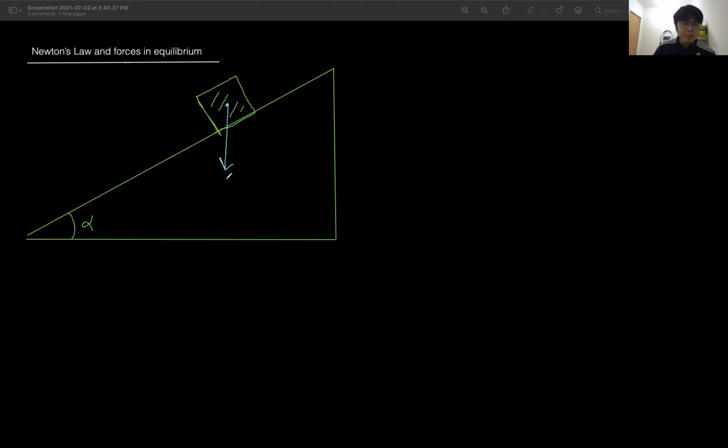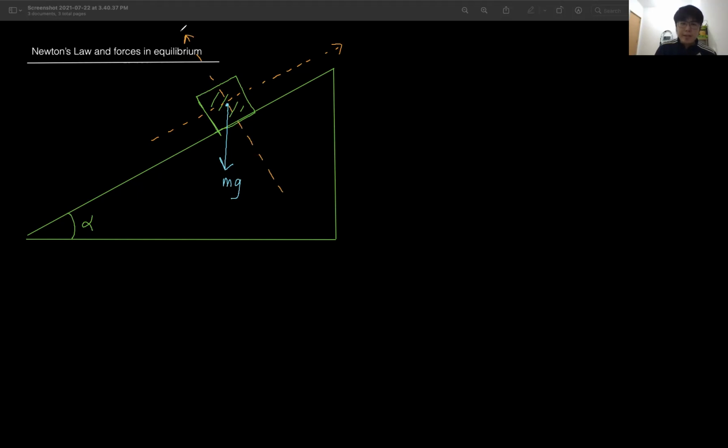Mg straight down. Now, it depends on what your reference axis is, your Cartesian axis. For an inclined plane, I will take the Cartesian axes like this, meaning the x-axis, I change it, make it parallel to the slope, and the y-axis, I make it perpendicular to the slope.